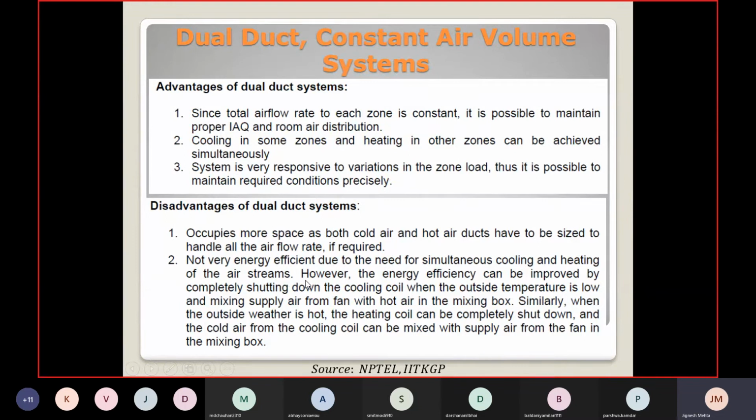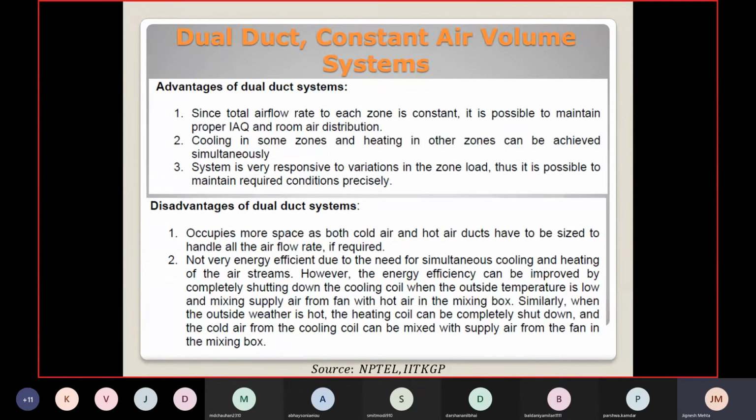However, energy efficiency can be improved by completely shutting down the cooling coil when the outside temperature is low and mixing supply air from fan with hot air in the mixing box. So this is somewhat advanced concepts.